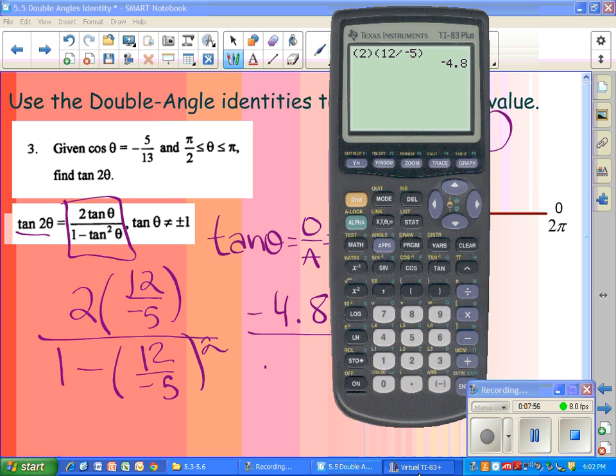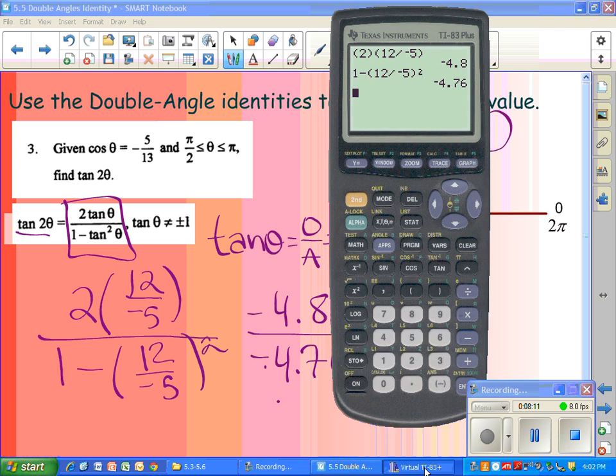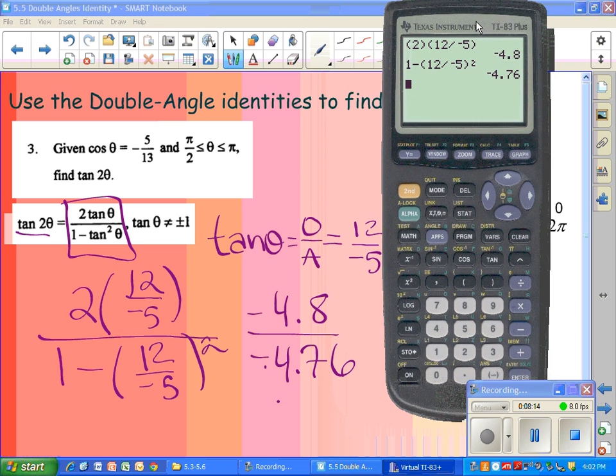Divided by, now we have 1 minus 12 divided by -5 squared. Okay, hit enter there. So we have divided by -4.76. All right, now we need to divide these two numbers together.